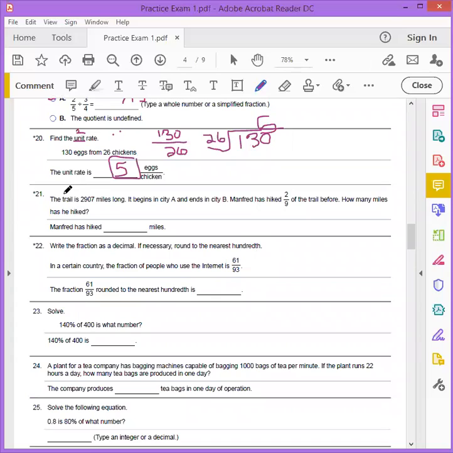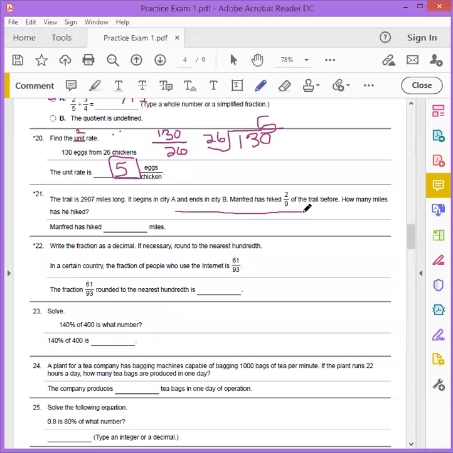Number 21, a trail is 2,907 miles long. It begins in a city called A and ends in a city called B. Manfred has hiked 2/9 of that trail before, and we want to know how many miles he hiked during that time period.